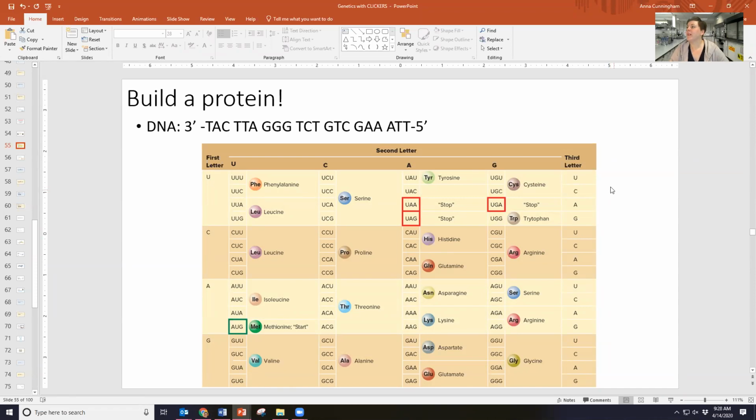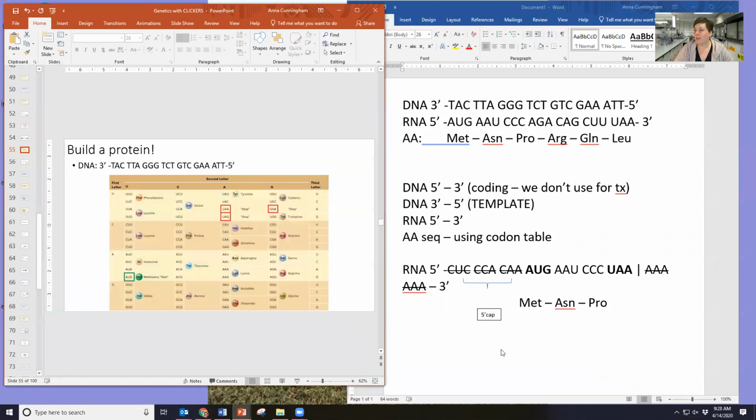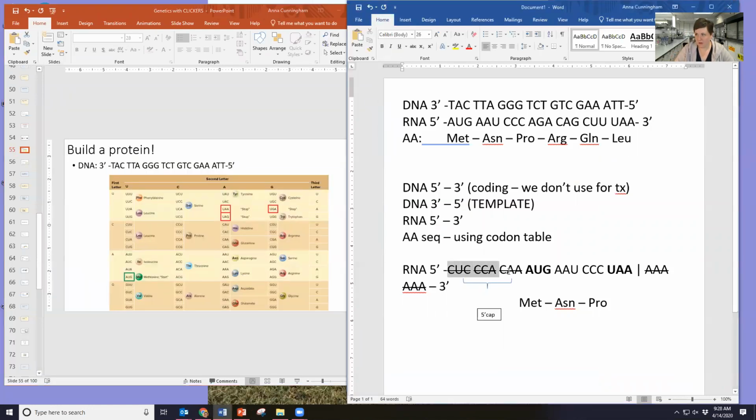Can you explain that stop you mentioned? Yes. So again, if you're looking at your RNA strand, you don't start translation until you get to the start codon. Start codon is always AUG.